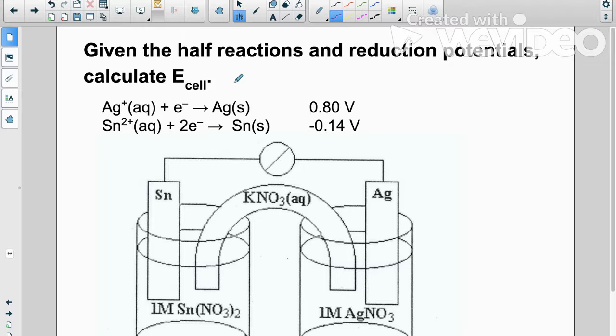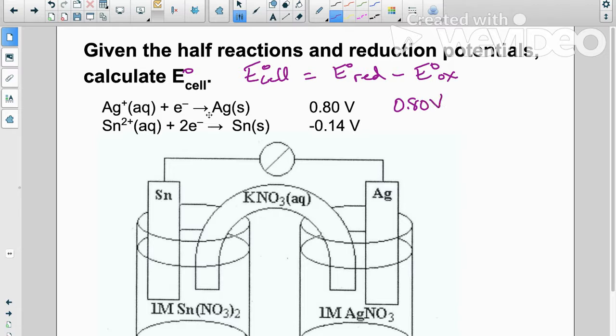All right, next part asks, given the half reactions and reduction potential, calculate E cell. So E cell, again, and this is the standard cell potential, so I should have a little circle there, is equal to the reduction potential minus the oxidation potential. Here we have the reduction potential.